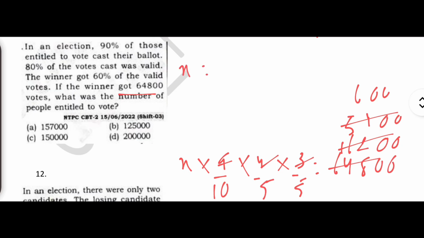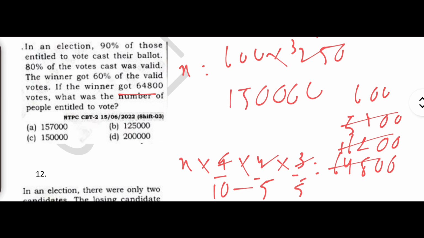So x is nothing but 600 into 10. 5 5s are 25, 25 into 10 is 250. So we have 6 5s are 30 and this is 15. So 1,50,000. Simple.